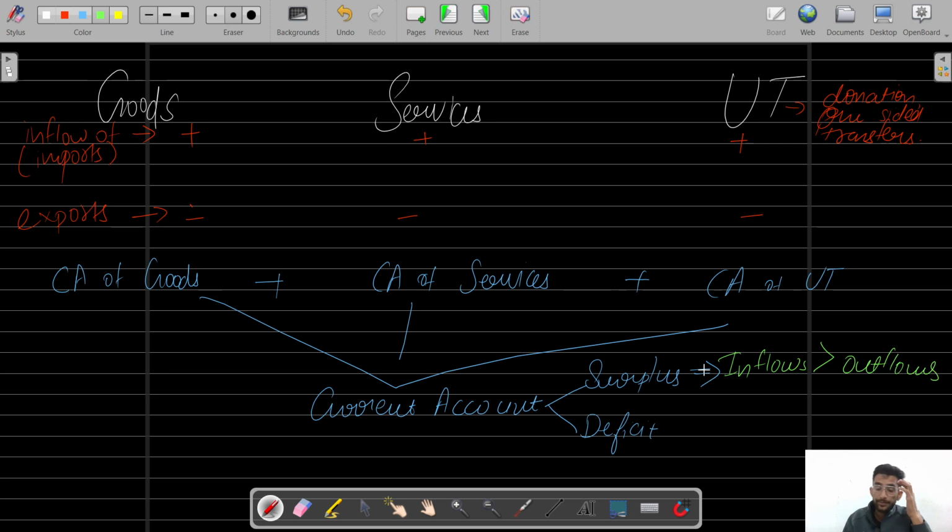It means that in a particular year, foreign currency inflows from goods, services and unilateral transfers are more than what we export to other countries. That means inflows are greater than outflows in a year, and deficit means when outflows are greater than inflows.